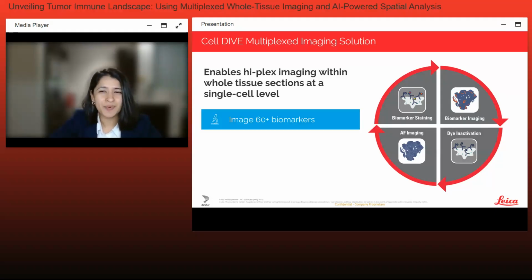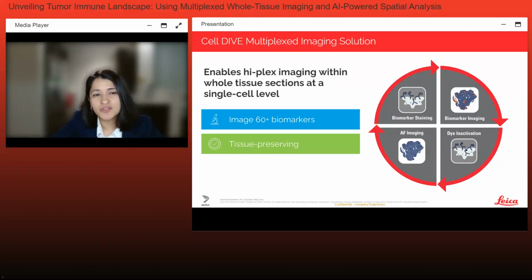Specifically, it can map about 60 plus biomarkers from just one tissue section. And it's proven to be very gentle. So at the end of your studies, your tissue is still intact and can be used for downstream processing or for more experiments in the future.